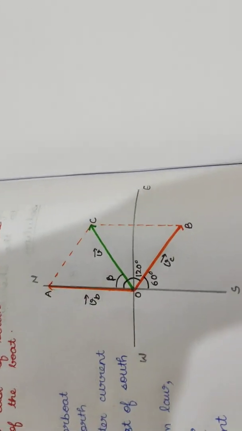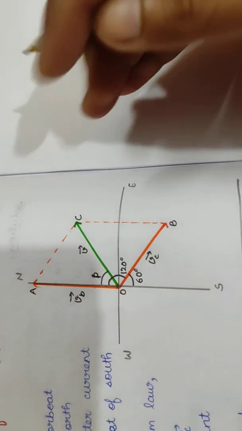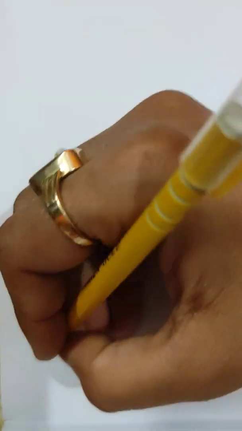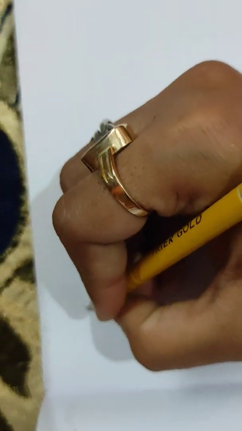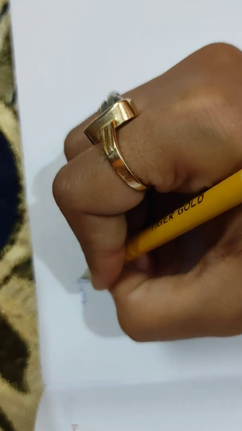in north direction. Then we know that if we have to find the direction, we use the formula tan beta is equal to vector B sine theta upon vector A plus vector B cos theta. So what is vector B in this case?